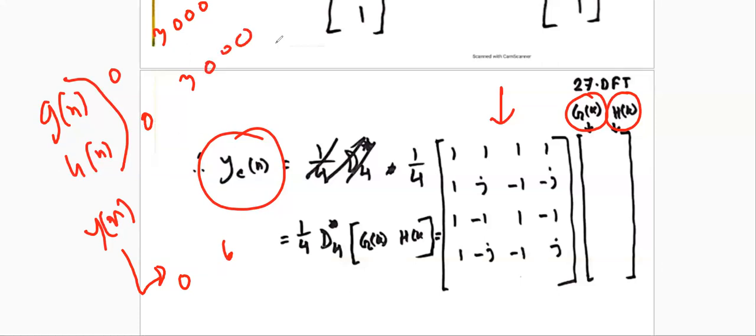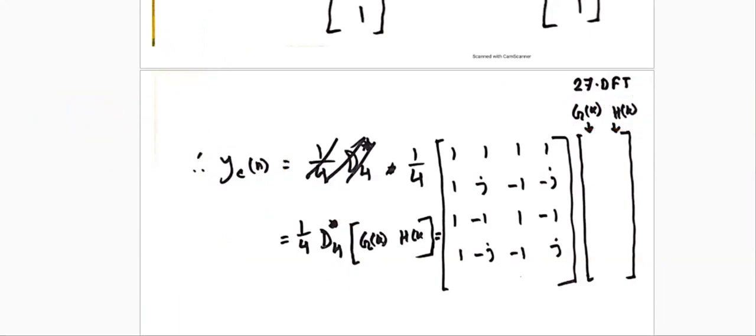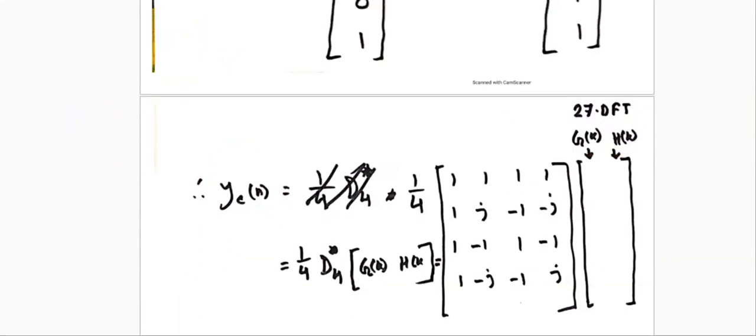After that, you follow the process: Gn becomes Gk, Hn becomes Hk, multiply them, and do the inverse Fourier transform from the frequency domain. That gives the final output. So this is how you can do the linear convolution by using the discrete Fourier transform. And whenever you are using a computer, people of course use this process for convolution.